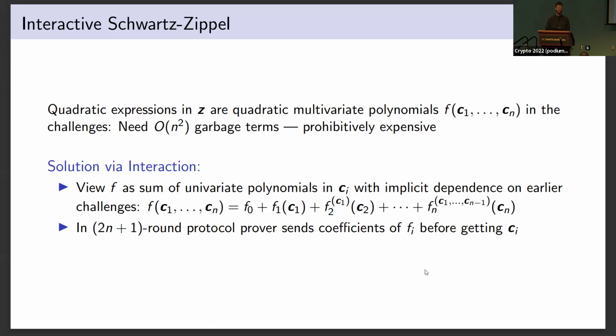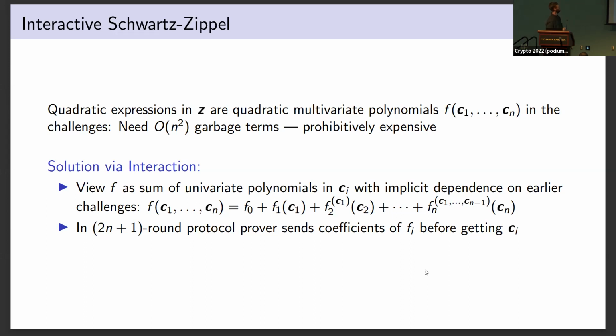If we look at our multivariate polynomial, we can write this essentially as a sum of univariate polynomials f_i in the C_i, where the ith polynomial implicitly depends on previous challenges. More constructively, in this equation, the first term f0 is just the constant coefficient of our multivariate polynomial, and then f1 contains all the terms that just depend on C1.